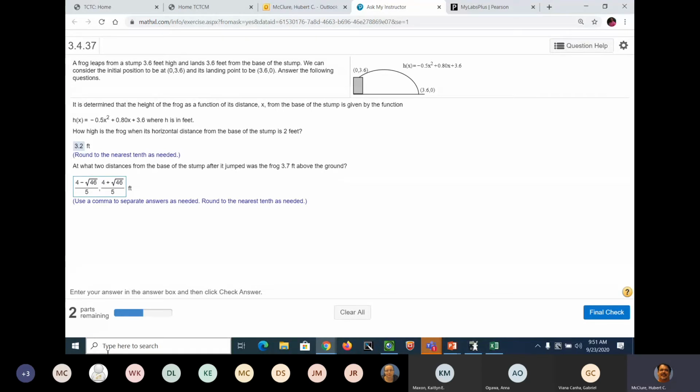And the function is f of x is equal to negative 0.5x squared plus 0.8x plus 3.6. And it lands at 3.6, 0.